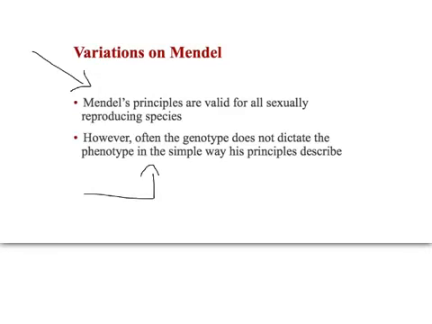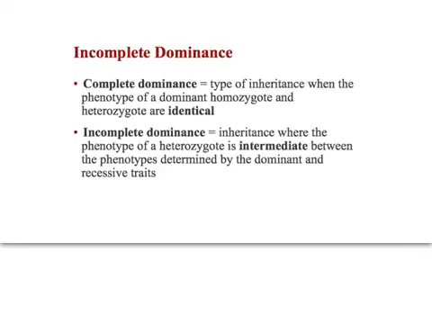So we're going to be looking at a couple of examples in this video that show how we don't always get this simple dominant equals dominant and recessive equals recessive. The first type of non-Mendelian genetics that we're going to look at is called incomplete dominance.